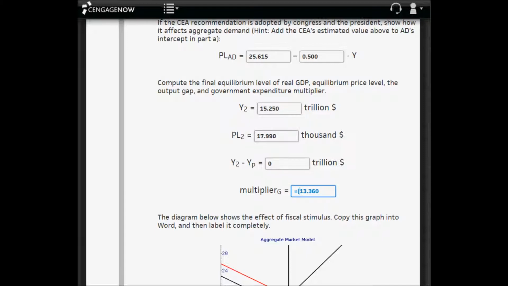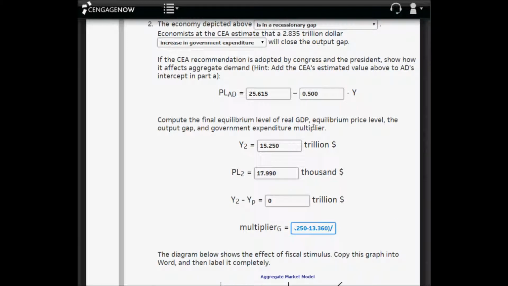So the government spending multiplier is equal to the increase in GDP, this difference, divided by the increase in government expenditure, which is 2.835. Again, the multiplier is the increase in GDP, that difference, divided by the increase in government expenditure.